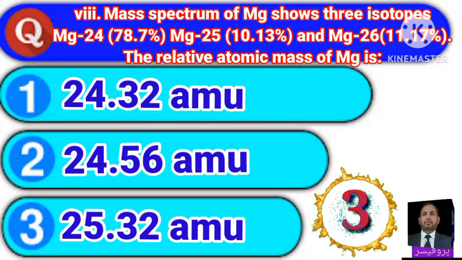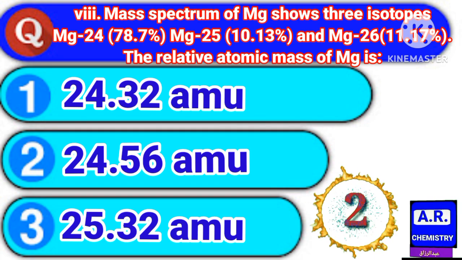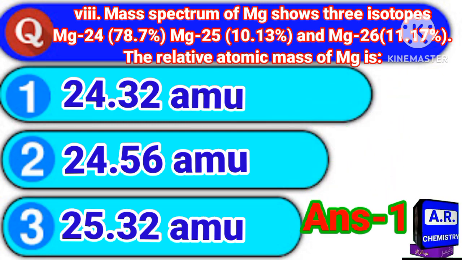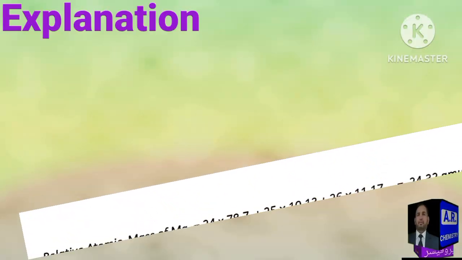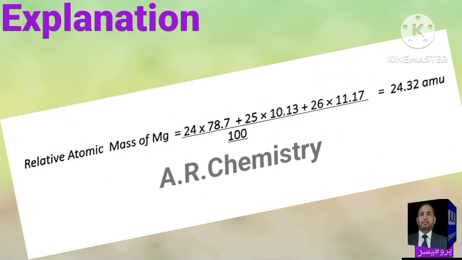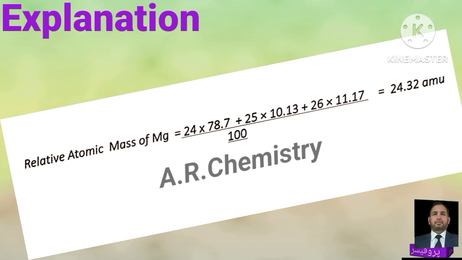And the right answer is option number 1, that is 24.32 AMU. Question has been solved here. You are to multiply their percentage abundances with their atomic mass and then divide by 100, and you will get the required answer.